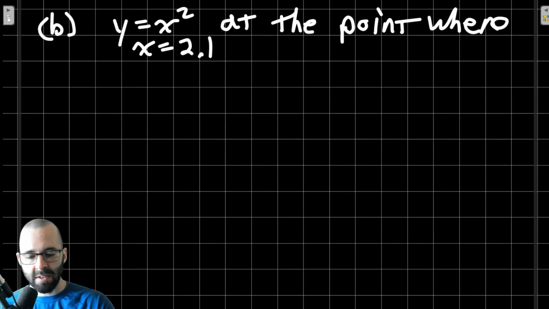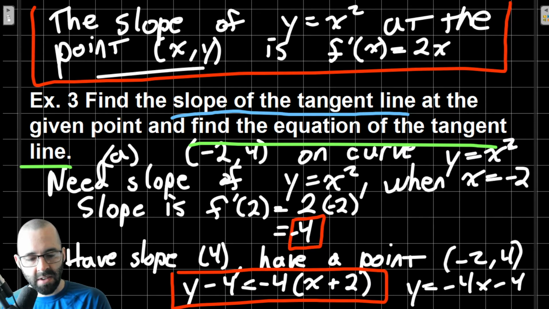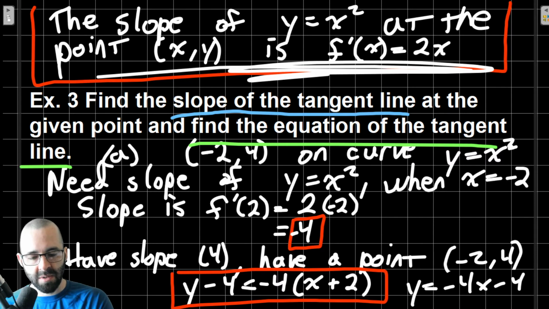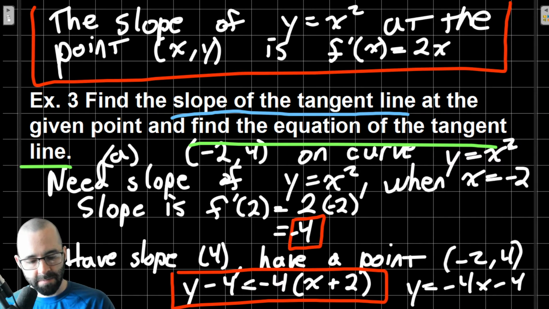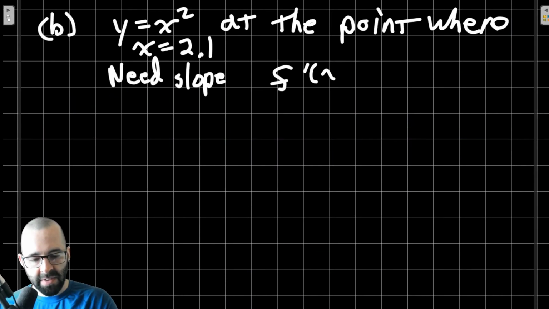So again, we need the slope, so we're going to use our slope formula from before. This nice slope formula is what we're going to use. F prime of x is equal to 2x.